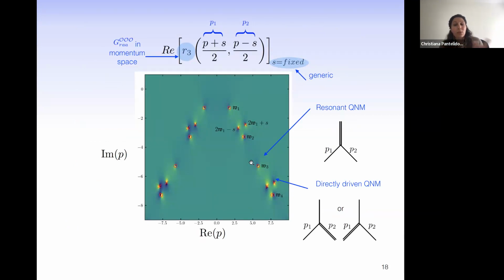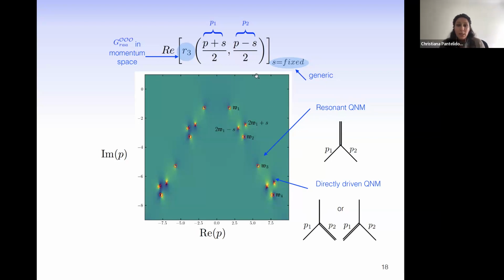The reason is that their origin is different. The circles correspond to the situation where the outgoing leg is a quasi-normal mode, and we refer to those as resonant quasi-normal modes. On the other hand, the crosses correspond to when one of the ingoing legs is a quasi-normal mode, and we'll call them driven quasi-normal modes.